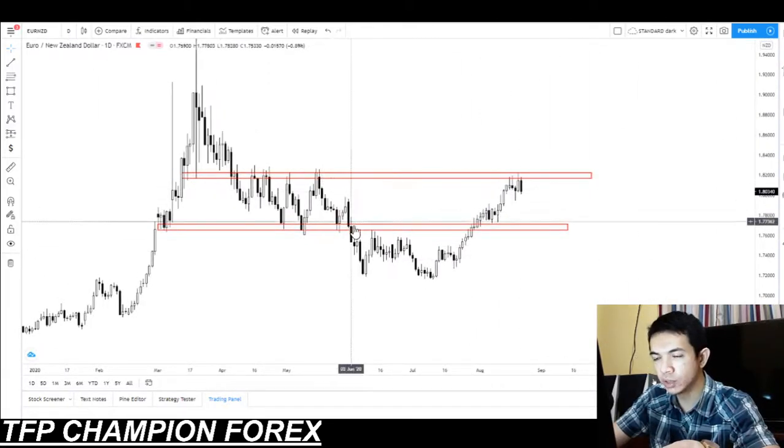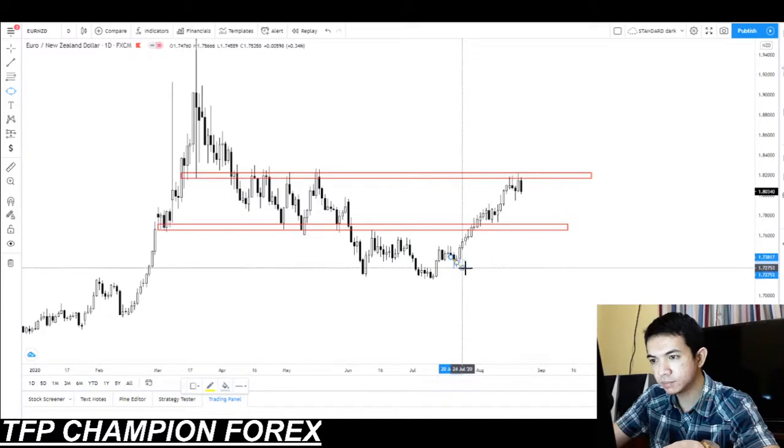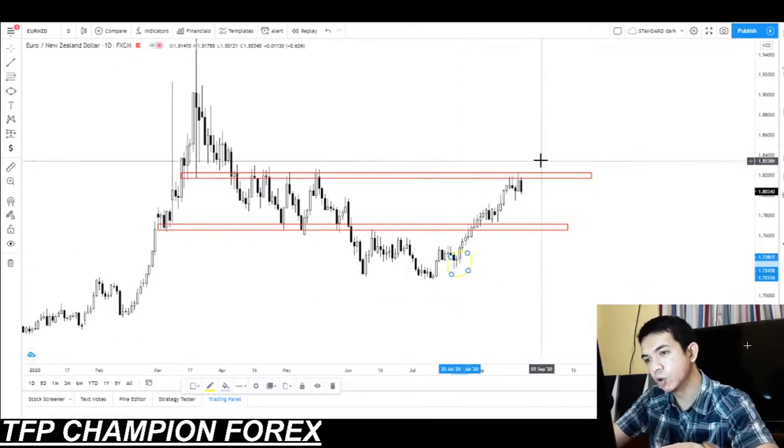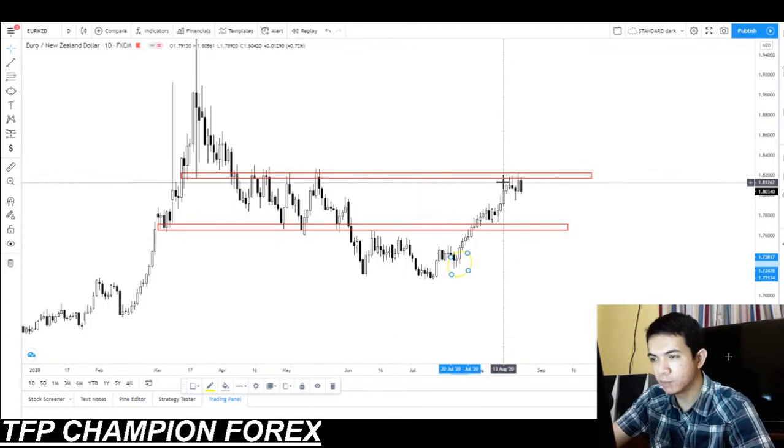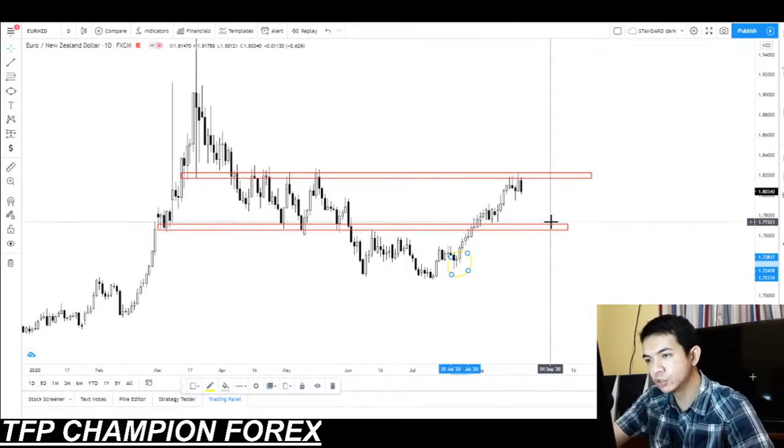So we all know that at this point, the price shifted its momentum going up. So we can say that after this impulse move up, we want the price to go down for a correction going down.